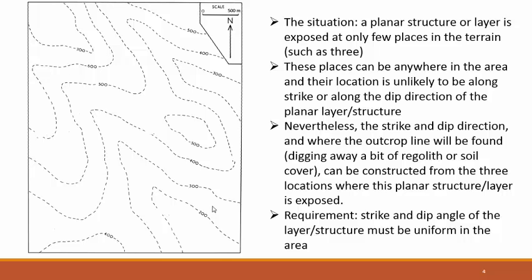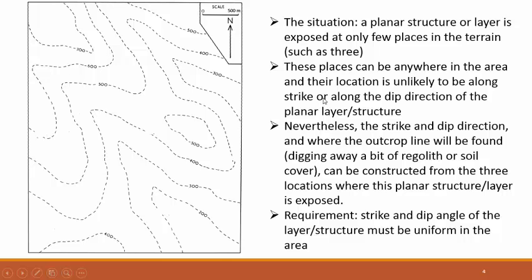Not all areas are perfectly exposed, and if you are dealing with planar structures or contacts of different rock layers in such a terrain, you might not find complete exposure, but you might find exposure of such a contact or planar structure in a number of places, for instance 3 places in such a terrain, and these places might be anywhere in this area, wherever you are lucky enough to find this structure, this contact of geological interest.